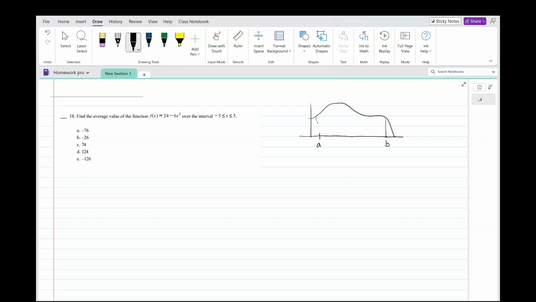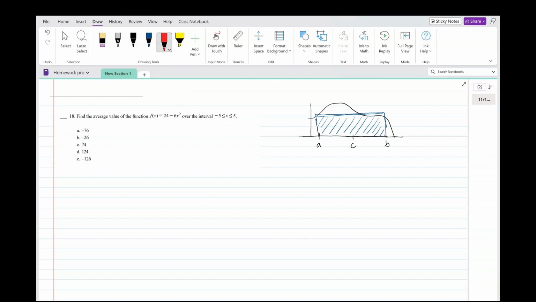that means that there is a point C in my interval such that the y value its output provides, and I know my drawing is not great, but let's pretend it is, it provides a rectangle, or the area within this rectangle is the same area as the area underneath the curve.